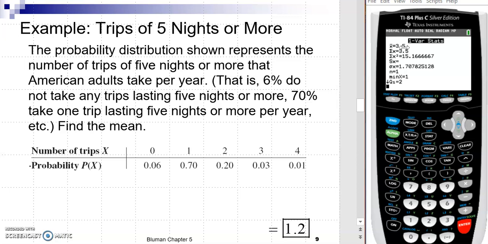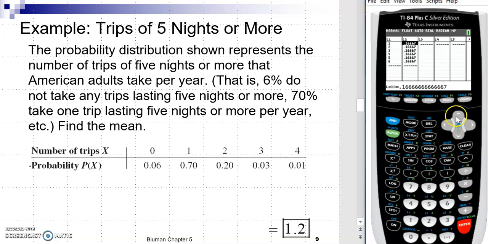In this one, what we're asked to do is calculate the mean, and this probability distribution is not a classical one, but an empirical one. So what we're going to do is go back and in stat, edit, we're going to type in our values of the random variable in list 1.